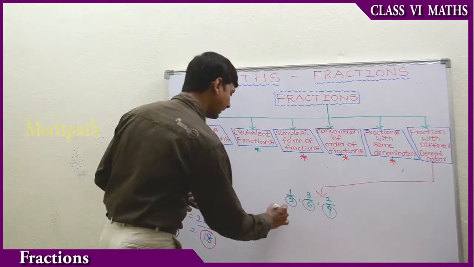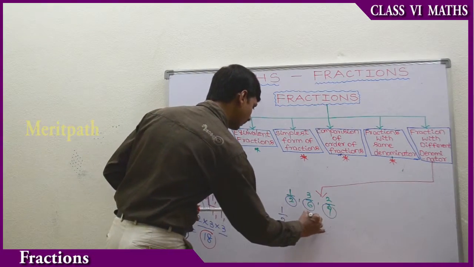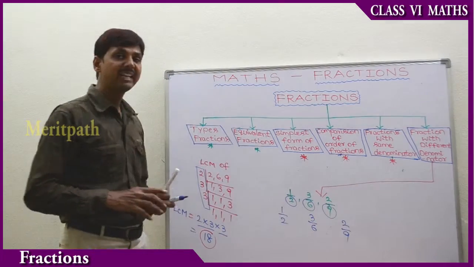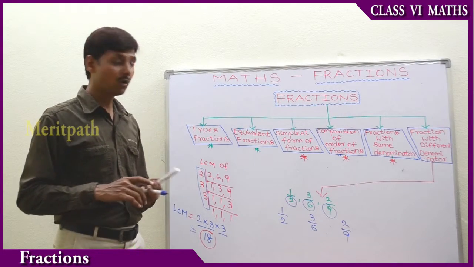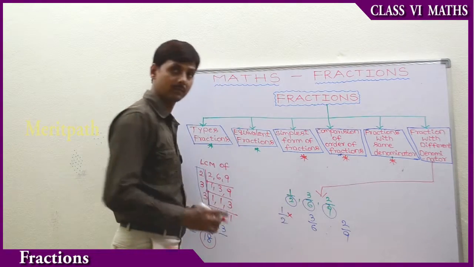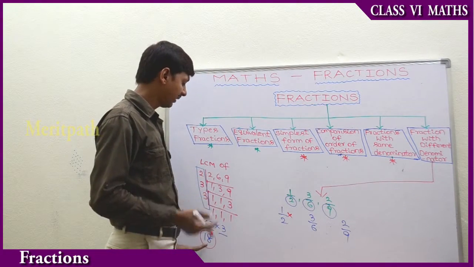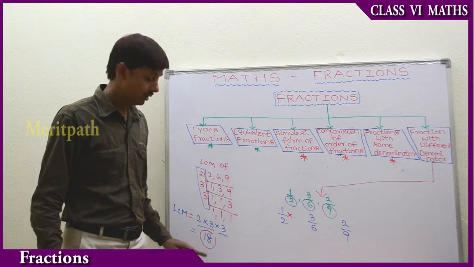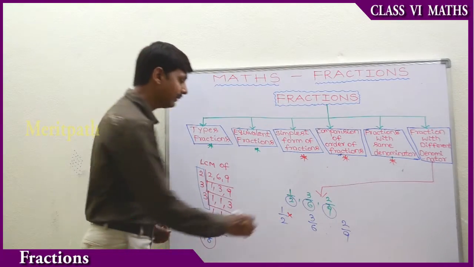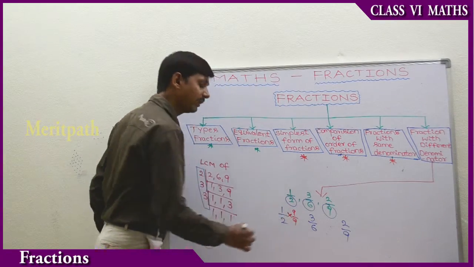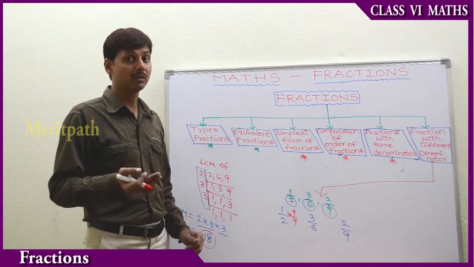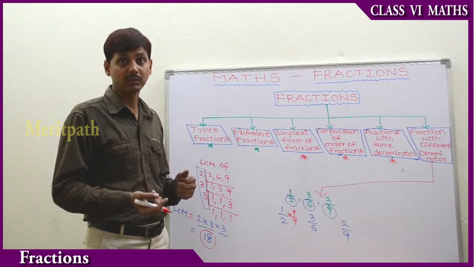So let's try these fractions: 1 by 2, 3 by 6 and 2 by 9. We need to get 18 in the denominator. So we multiply the numerator and denominator by a constant number. To get 18 as the denominator, in the 2 table we get 18 at 9 times. So we take 9 by 9, because if you multiply the numerator and denominator by a constant number, the value of the fraction doesn't change. We know that.